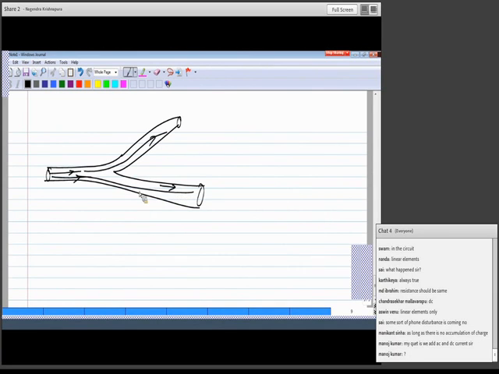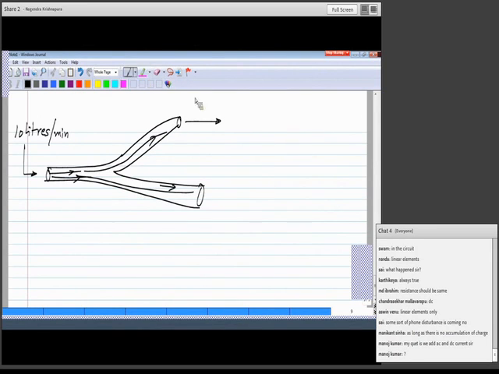Whatever the rates here are, this pipe could be big and this could be small. So this is flowing at some rate R1 and this is flowing at some rate R2. You know that R1 plus R2 equals 10 liters per minute.